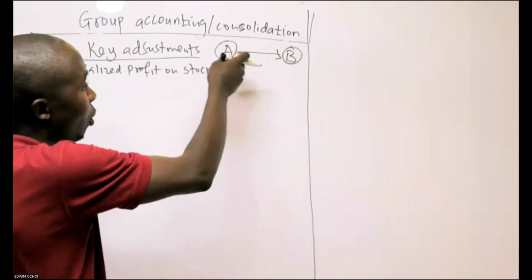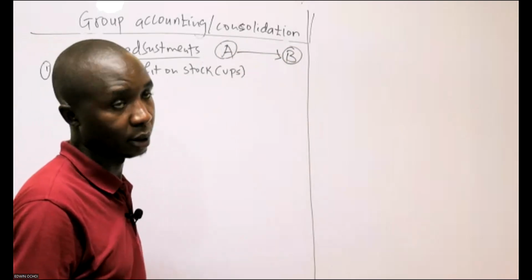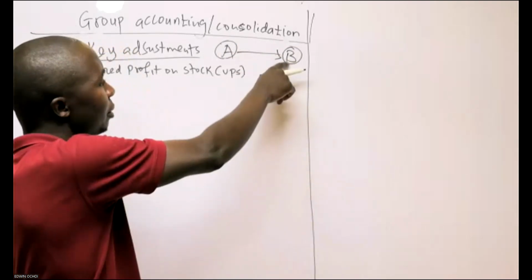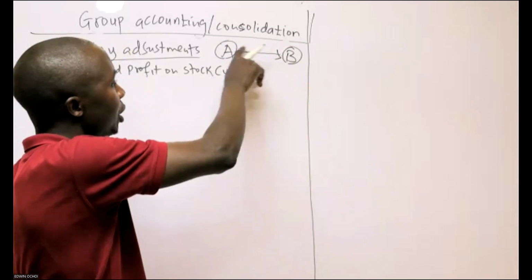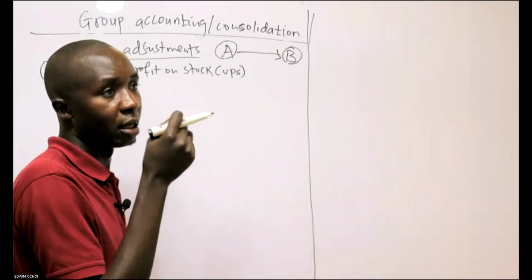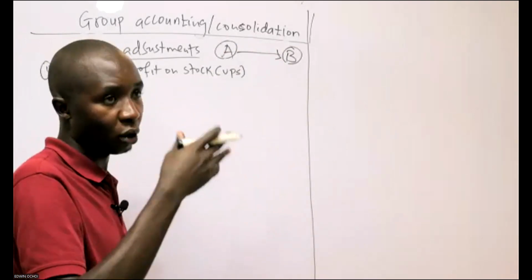Remember that when A was selling these goods, he sold at a profit. B receiving them had already paid for the goods. We have to check if B did a resale of all the goods.